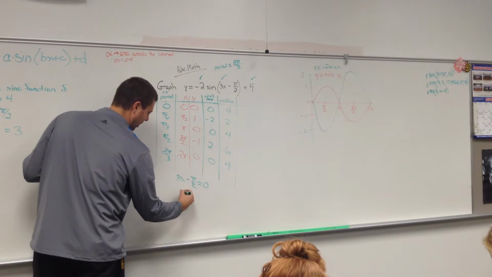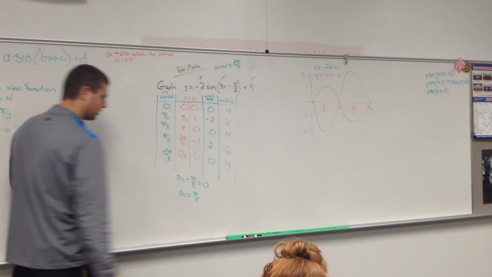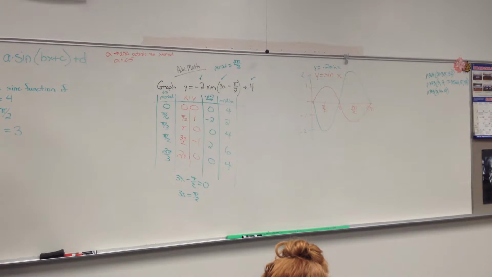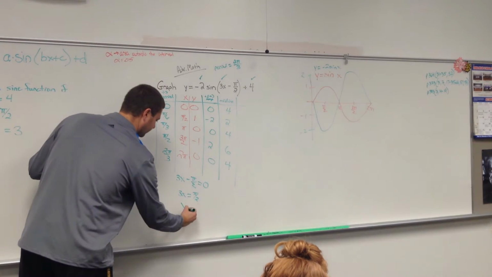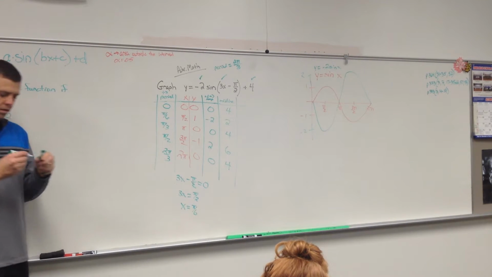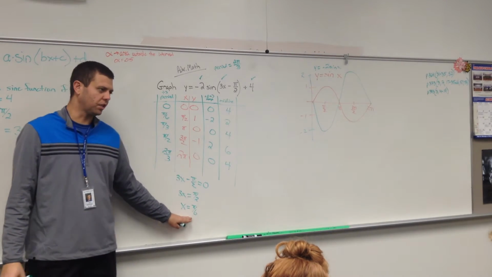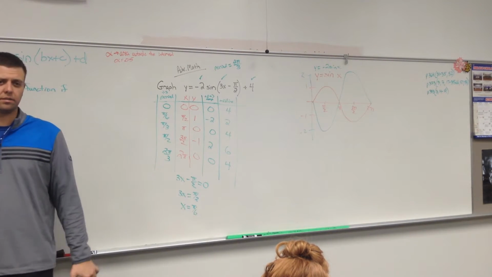So let's add pi over 2 to both sides, and then divide by 3. So my phase shift is pi over 6, which means what?